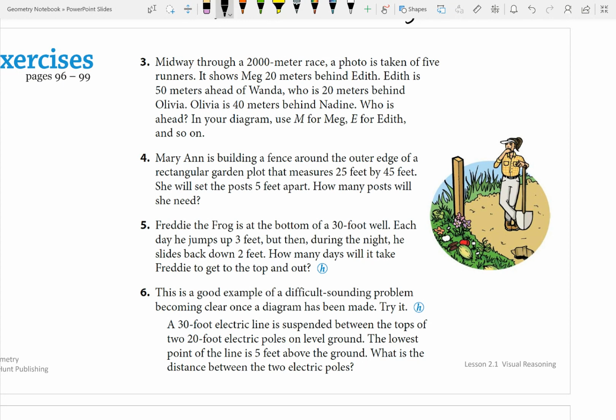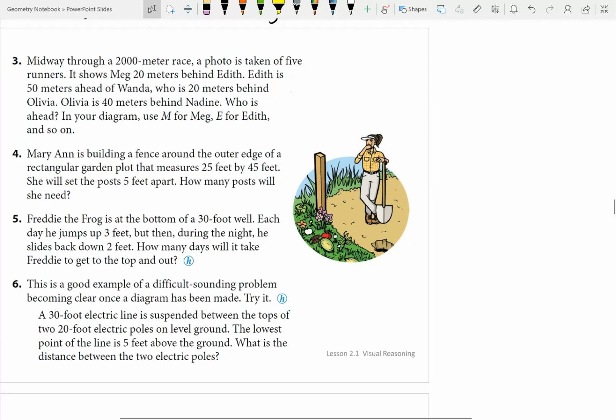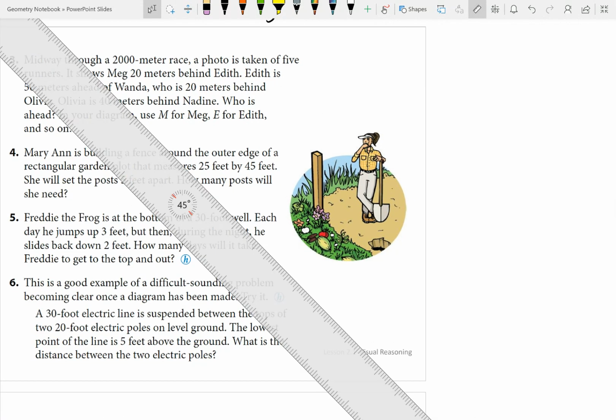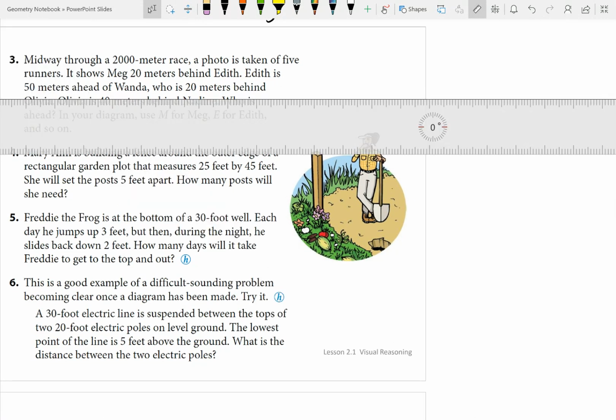Okay. So let's make some more room here. I'm going to go ahead and draw a line starting here, and I'll just put dashes.